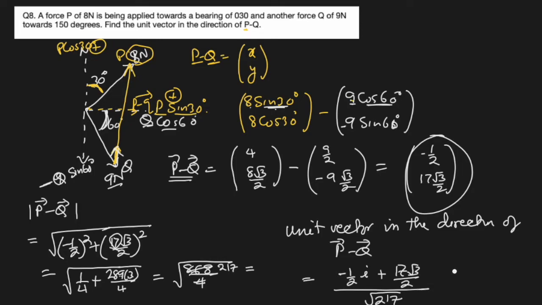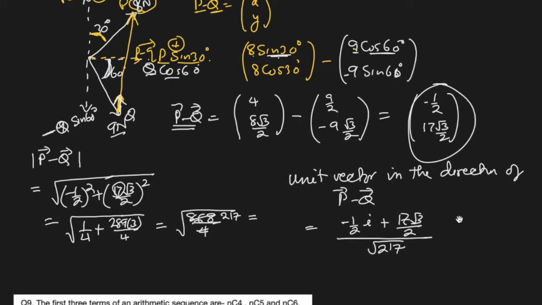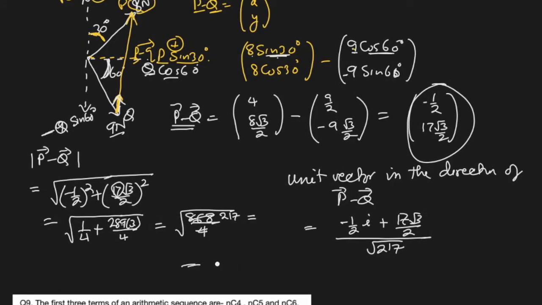And if you want to separate them, you can separate like this: minus 1 over 2 root 217 i plus 17 root 3 over 2 root 217 j. This is the unit vector.